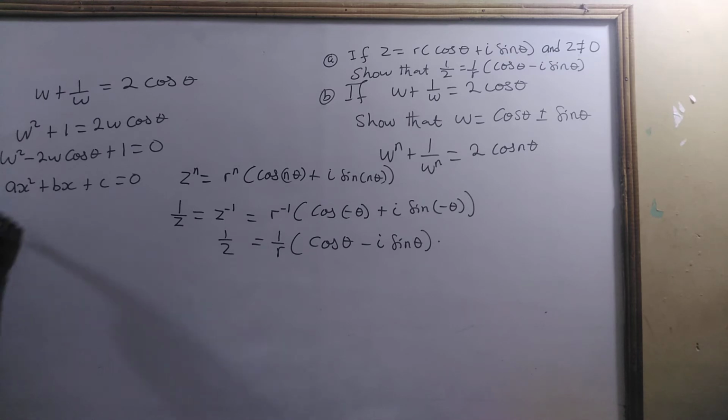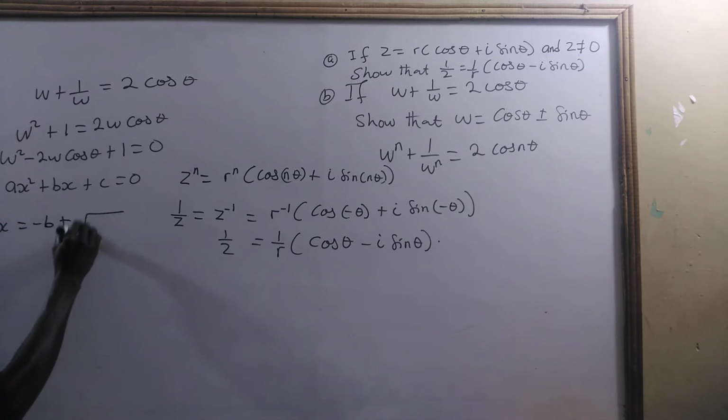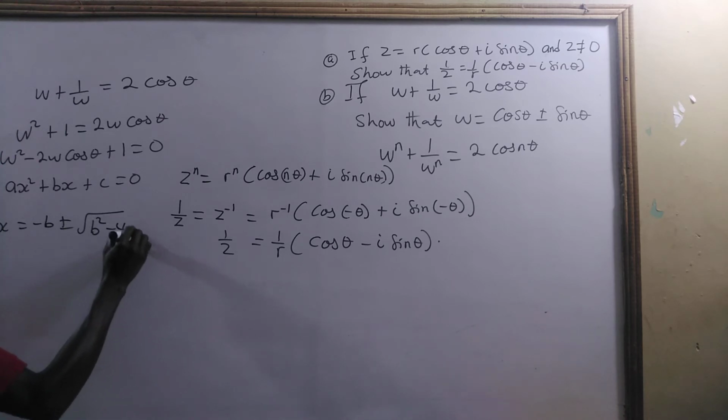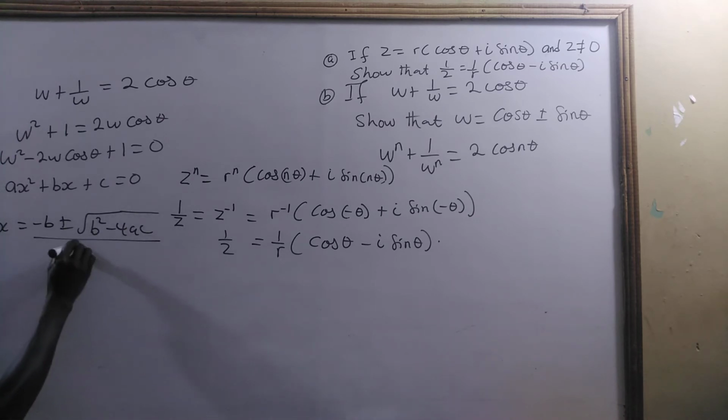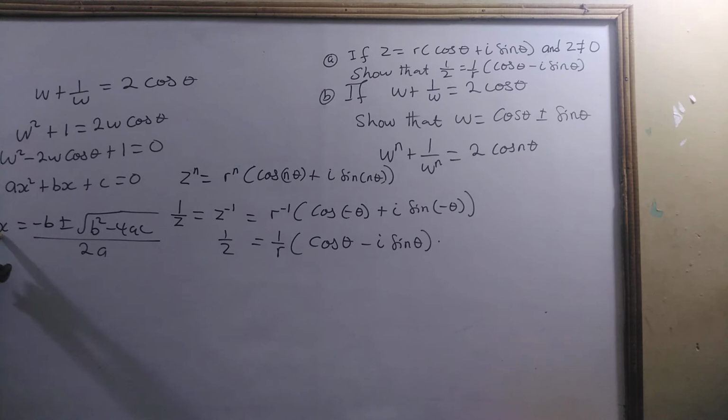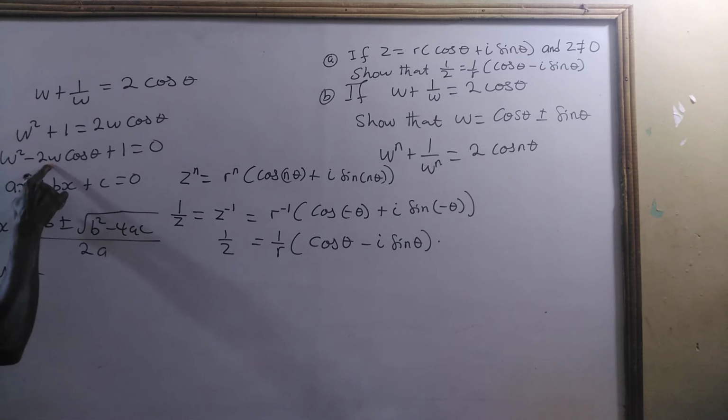That is, if you have this, you have x equal to negative b plus or minus square root of b squared minus 4ac, all divided by 2a. But here our equation is in terms of w, so we are going to have w equal to negative b. And what is our b?